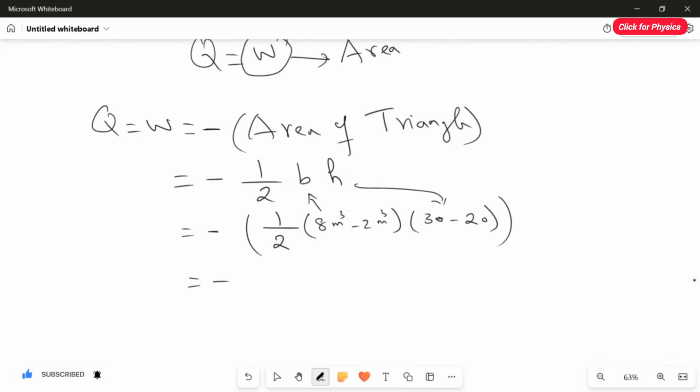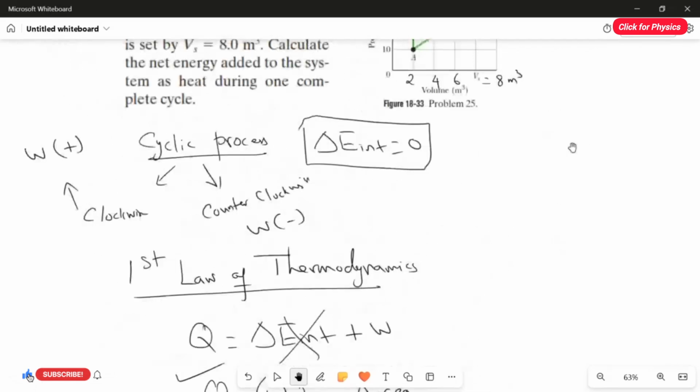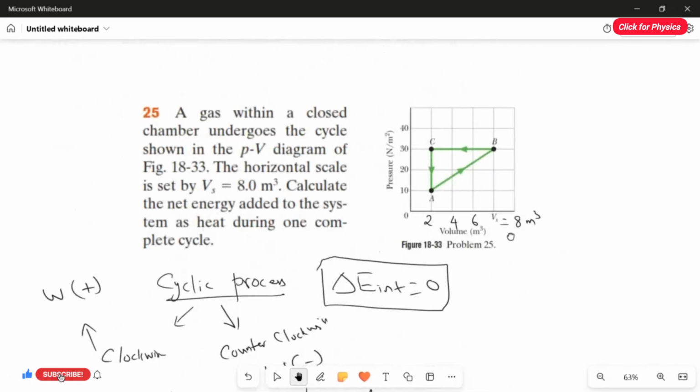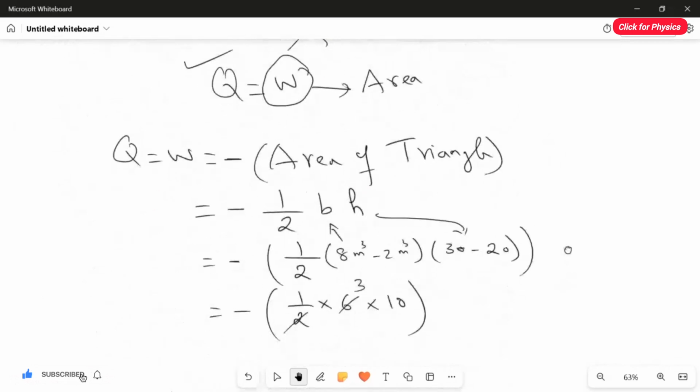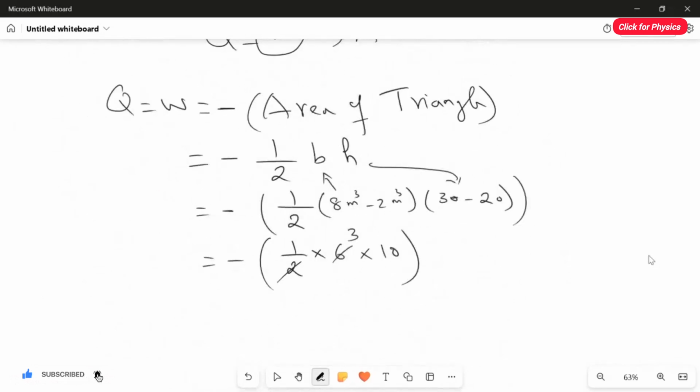Now I can solve. Half multiplied by 8 minus 2, which is 6 cubic meters, and the height is 30 minus 10, sorry, that is 20, not 10.